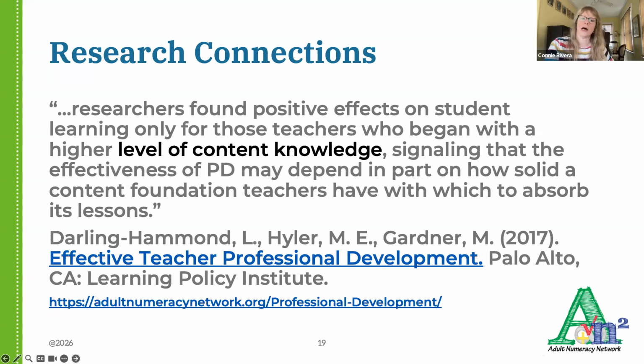So this is evidence that it's really important for us to connect to the content knowledge, that mathematical knowledge for teaching that I mentioned earlier, and to make sure that we deepen our understanding, because that's how we can be the most effective for our students.